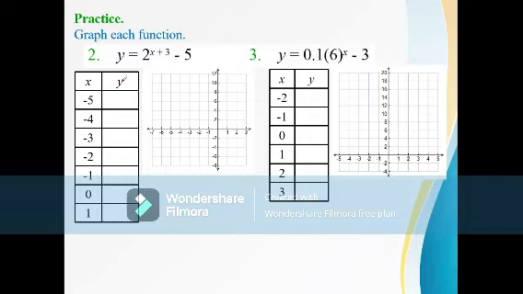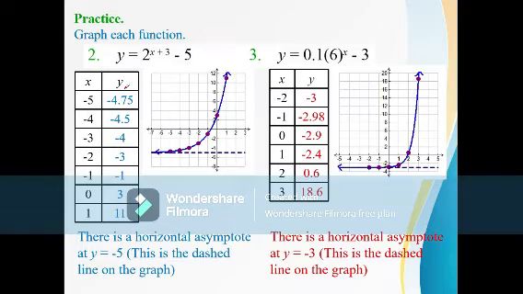The same procedure, we need to solve the value of y if our x is negative 5. So if x is negative 5, our y would be, okay, you have already the answer here. You have 2 to the power of x plus 3 minus 5. If x is equal to negative 5, just simply substitute the value, negative 5, then plus 3 minus 5.